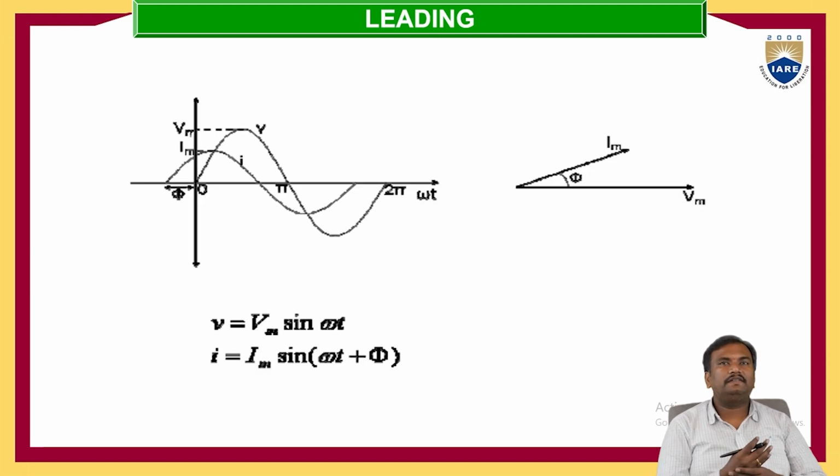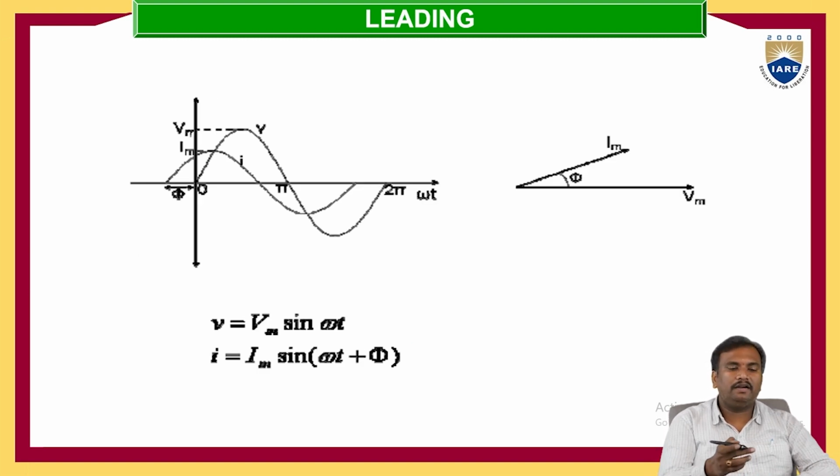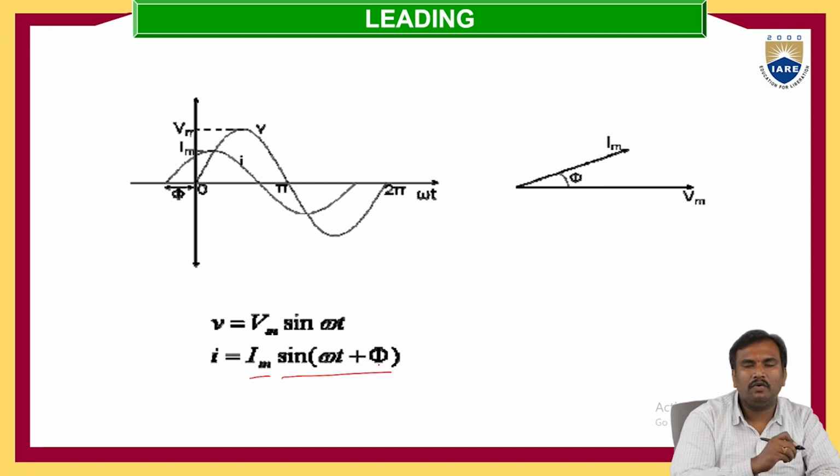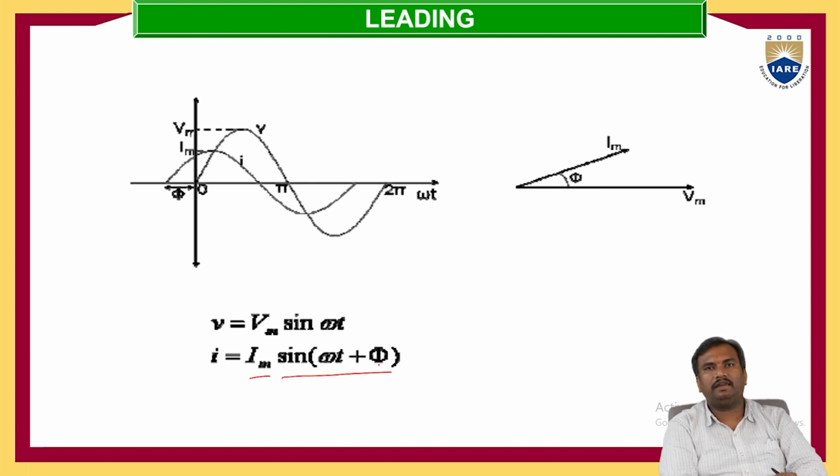And the next one is the leading. Here the current waveform is starting before the voltage, and this can be represented as V is Vm sin omega t, and I as Im sin omega t plus phi.